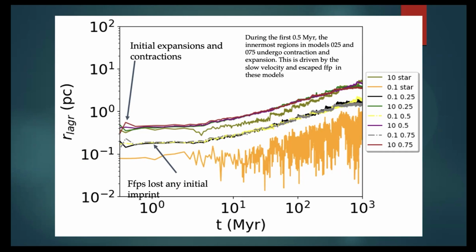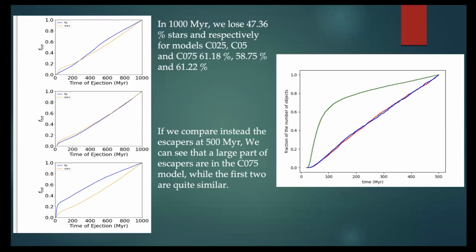While for the external part, as I told you before, we lose some, but the free-floating planets tend to go back in. One more interesting point is that, as you see, the model with the highest velocity is ejecting a lot of free-floating planets at the start. It is even more relevant if we go to half of the simulation, where within 100 mega-years about 60% of the total ejection of free-floating planets is already done.